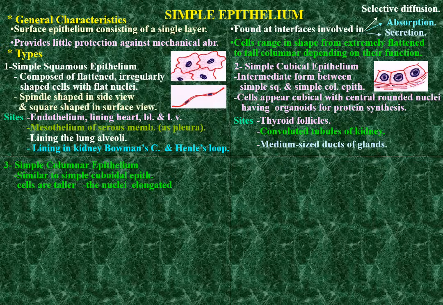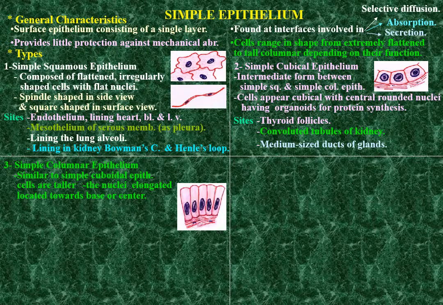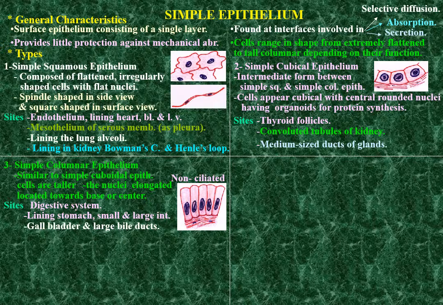The nuclei are elongated and may be located towards the base or the center of the cytoplasm. Sites. Simple columnar epithelium is found mainly in the digestive system, lining the stomach, the small and large intestines, the gallbladder, and the large bile ducts.